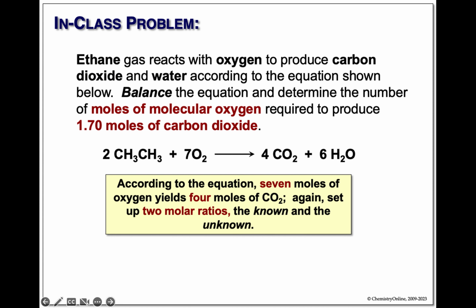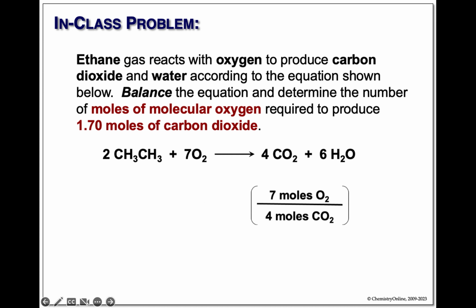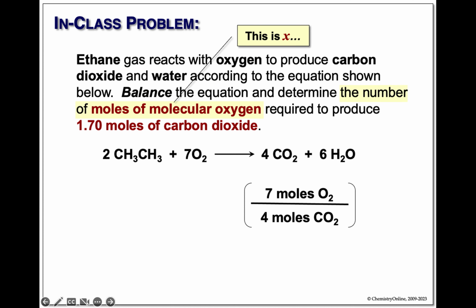So let's set up our two ratios. It's going to be 7 oxygens, 4 CO2s. The unknown, moles of oxygen, that's X, and 1.7 moles of carbon dioxide, that's our given.